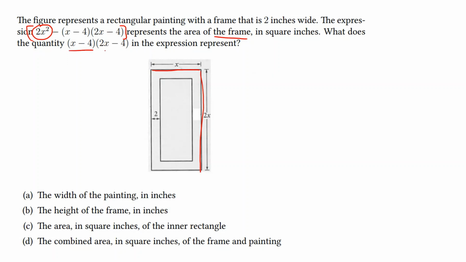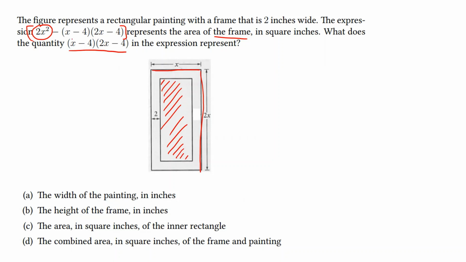We then want to interpret what this expression is. In order to find the area of just the frame, we would need to take the area of the overall large rectangle and simply subtract away the area of the inside smaller rectangle. Doing so would result in only the area of the frame.